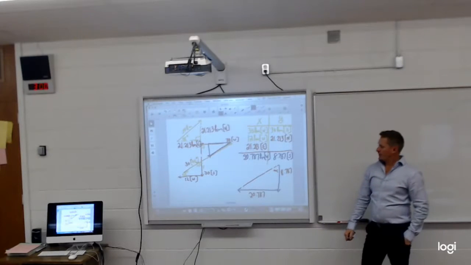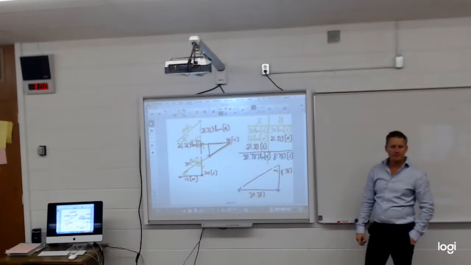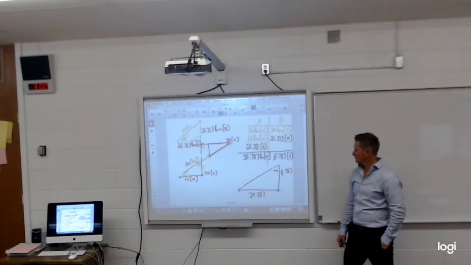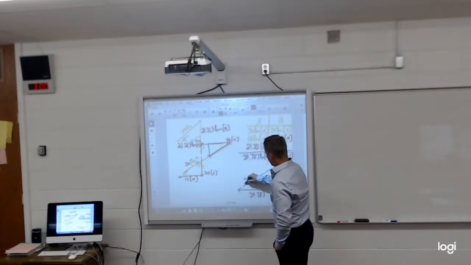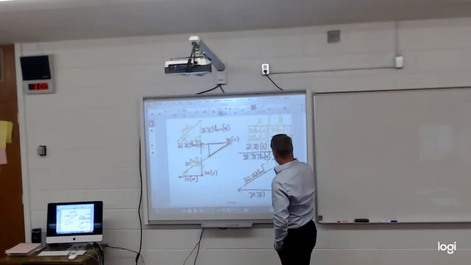So calculate what that displacement is. This is in kilometers, right? Yeah. Okay, and let's calculate our direction.